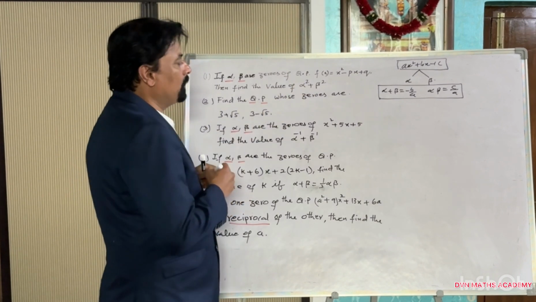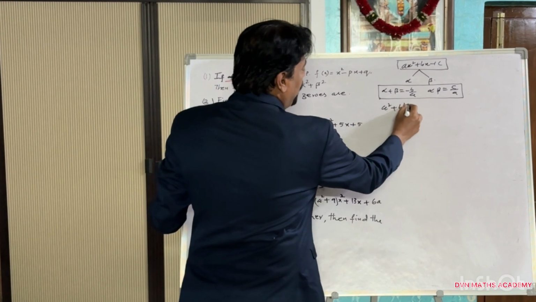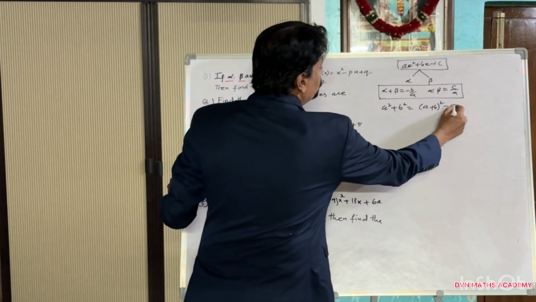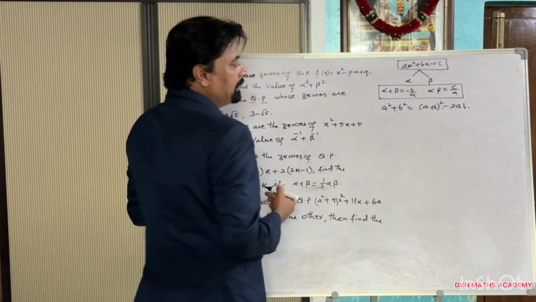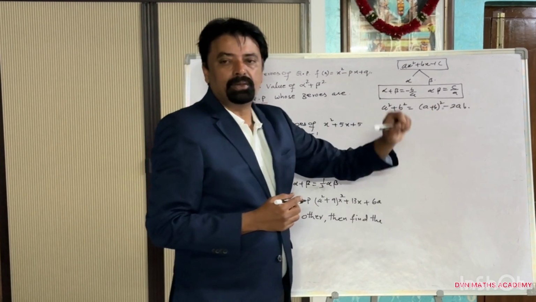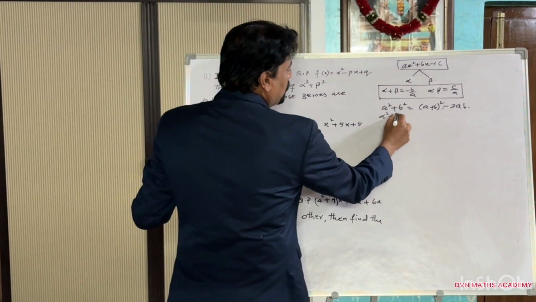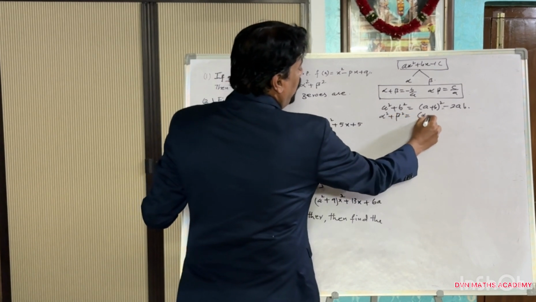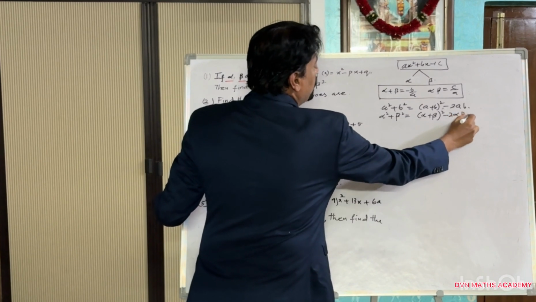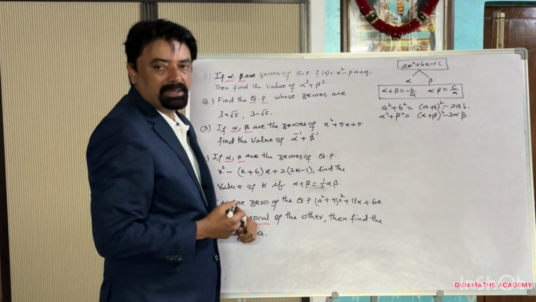We have an algebraic formula: a square plus b square is equal to a plus b whole square minus 2ab. Converting this into alpha and beta terms, alpha square plus beta square is equal to alpha plus beta whole square minus 2 alpha beta. By using this formula, we can find the value of alpha square plus beta square.